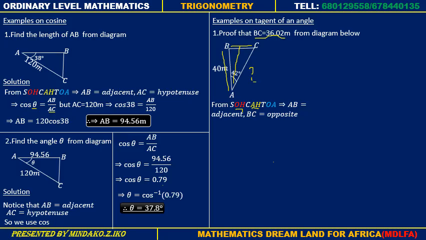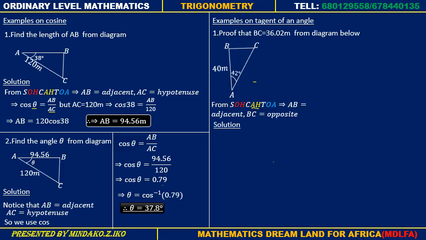T is talking about opposite over adjacent. Is the opposite there? Yes, this is the opposite they are asking for. Is the adjacent there? Yes. So we are going to use tan. This is the way you check things when an equation is given to you in your exams.